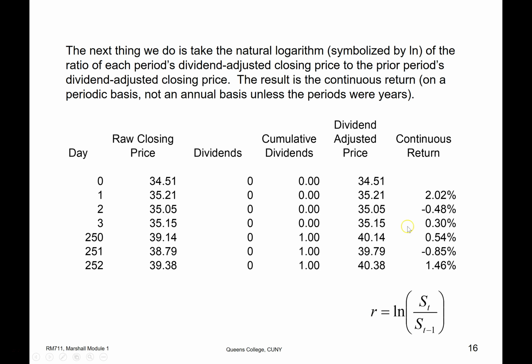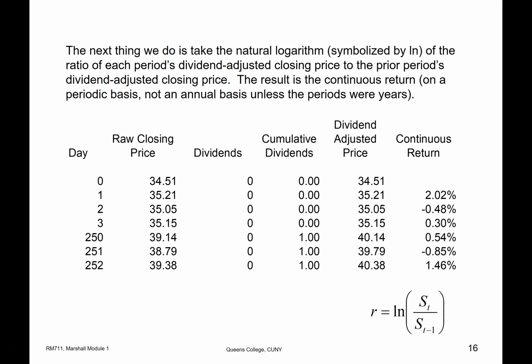So in this case, to get this result, you'd take the natural log of the ending price over the beginning price. 35.21 over 34.51 generates a continuous return of 2.02% over that 1 day period. And you just copy that down for the rest of these.